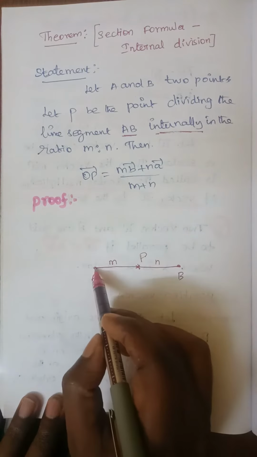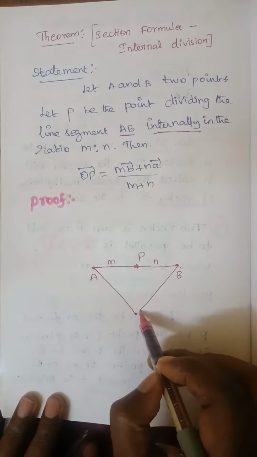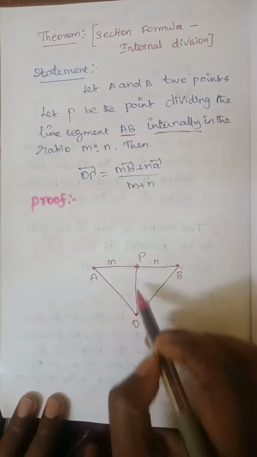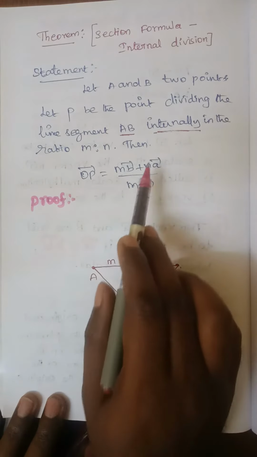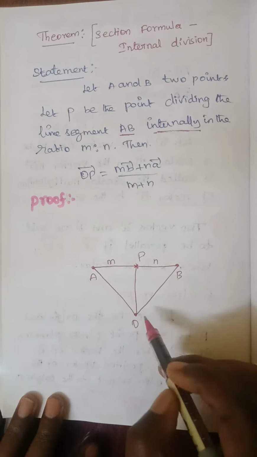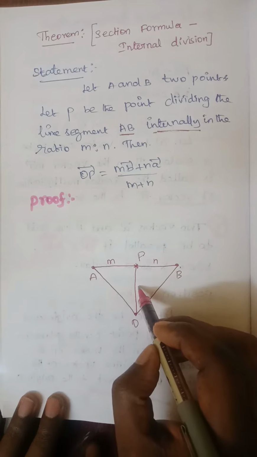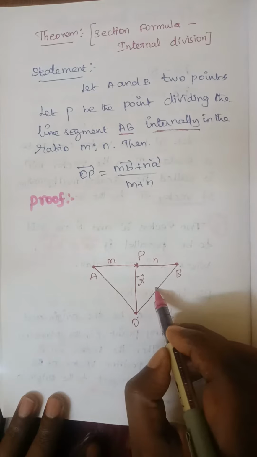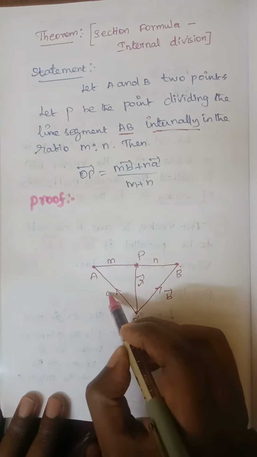Then the position vector OP vector is equal to (m OB vector plus n OA vector) by (m plus n). So already we know that the position vector OP vector is equal to R vector, OB vector is equal to B vector, and OA vector is equal to A vector.